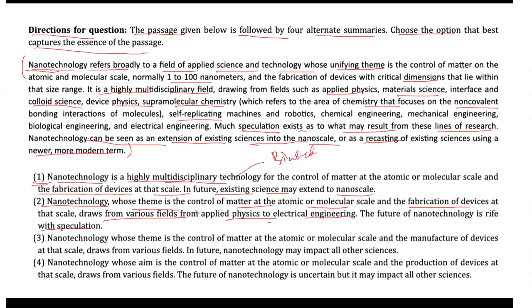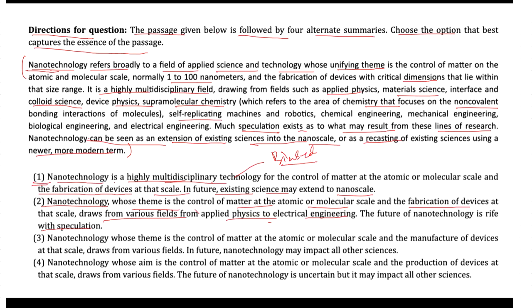Because it's not the complete one. The second sentence, where you would find, in future existing science may extend to nanoscale, right? This makes a statement with a bias or prejudice or partiality, which has not been considered as the whole idea or the whole summary of the text. It is nothing but a part of the idea.